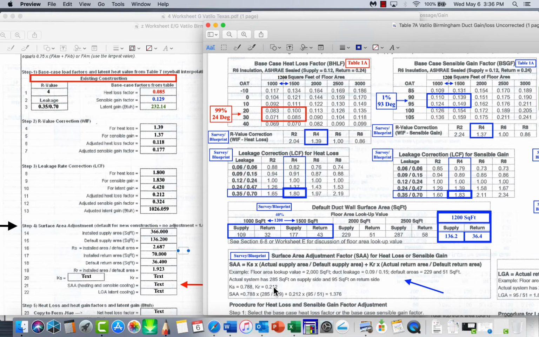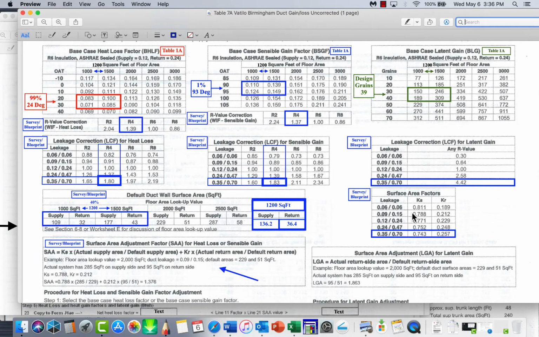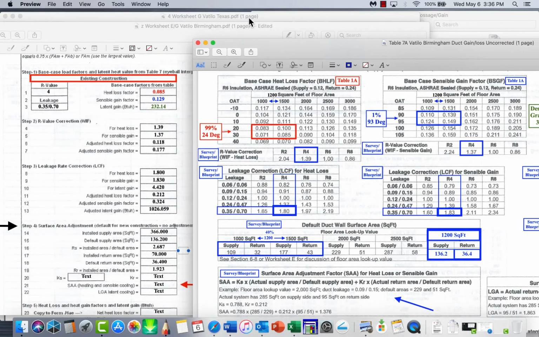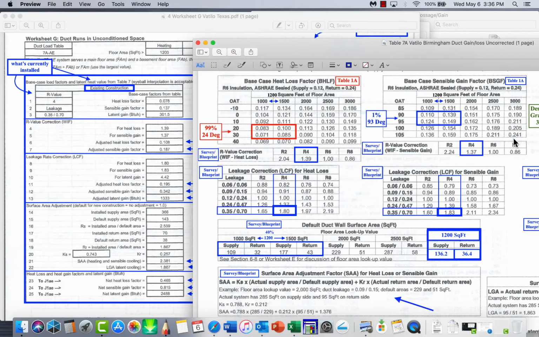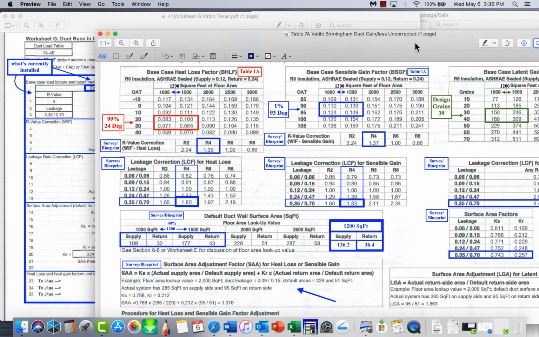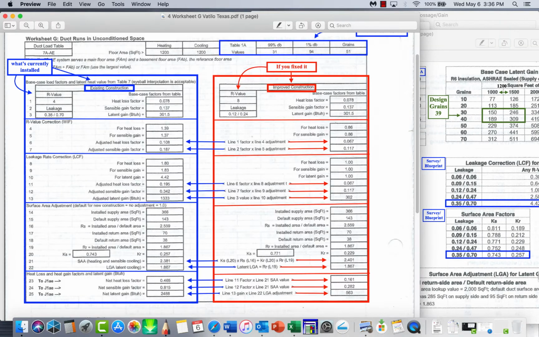KS and KR, you're going to find a lot of your information is right in here. And you got other areas over here where you got KS, KR. So basically, once again, we're going to use theirs first to show where they got that number. Let's bring that KS, KR chart over here a little bit more. Okay, so here's my surface area, KS, KR, and this is the leakage rate. Your leakage rate is right up here.